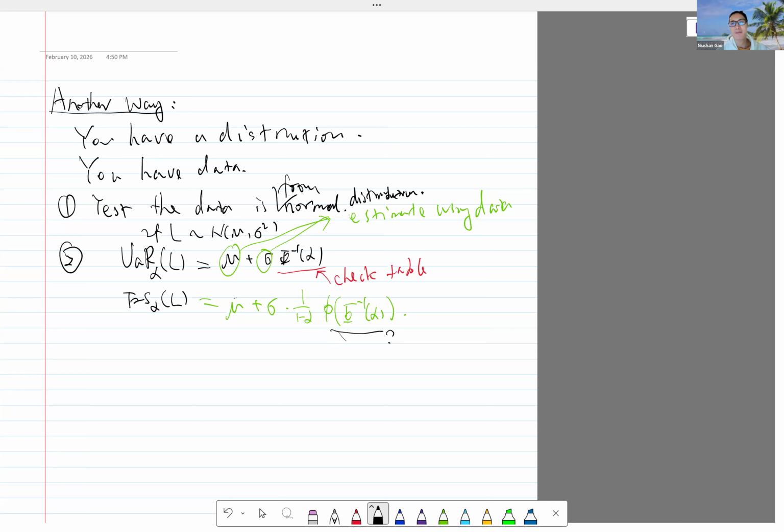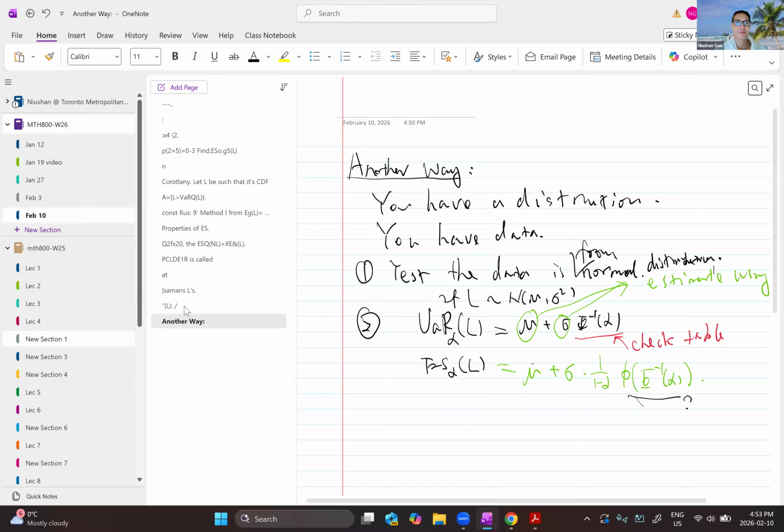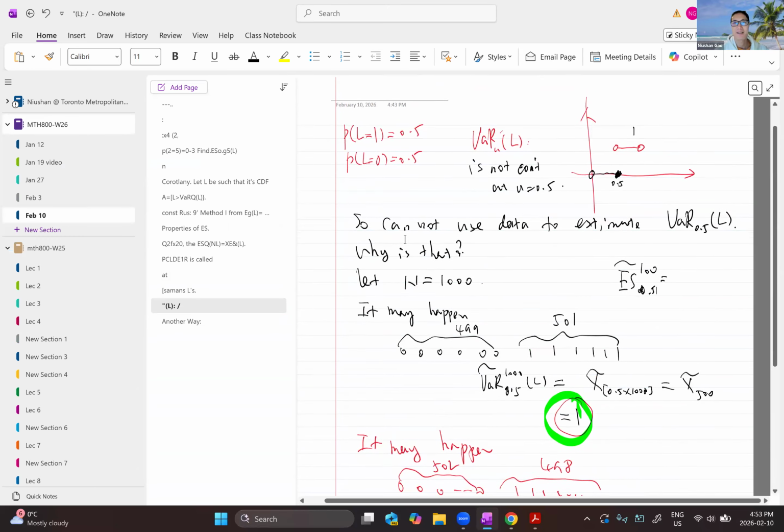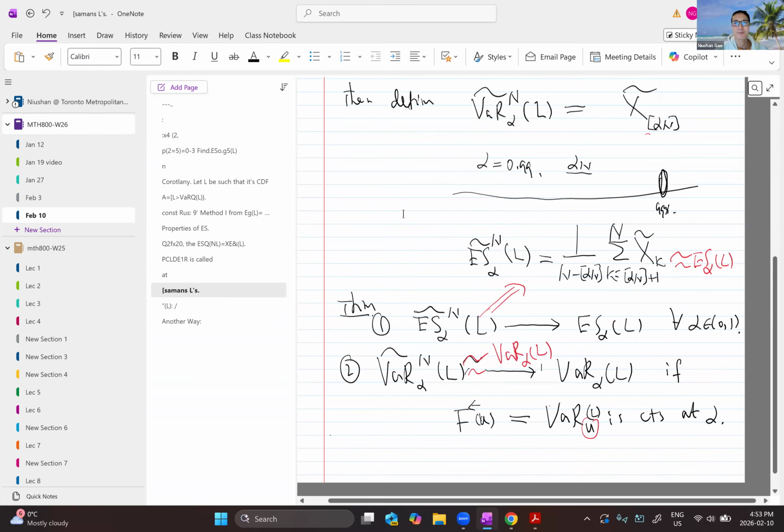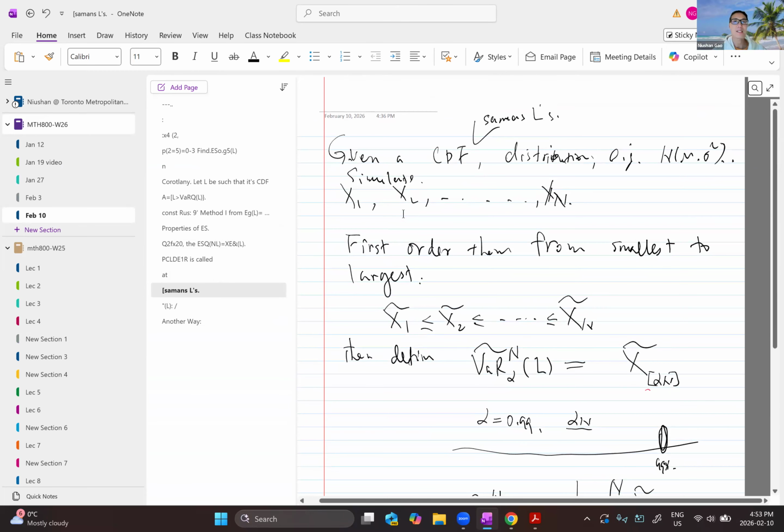One is for a small sample size, one is for a large sample size. If you can test that the data is from a normal distribution, then you can apply this method. If you cannot, then you have to apply the previous brutal method. Okay, so let's finish here.